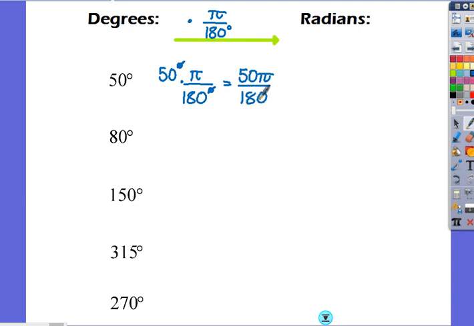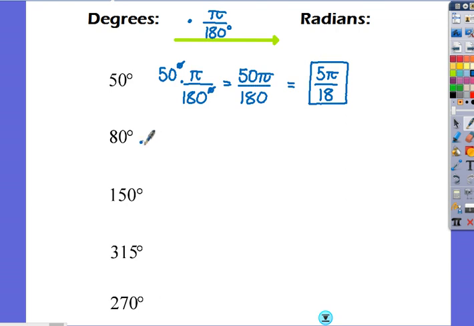If you can just reduce that 50 over 180, it comes out to 5 over 18. If you divide both of them by 10, I think that's as far down as it can go. 5 pi over 18 would be your radian measure for 50 degrees. 5/18 of the pi.